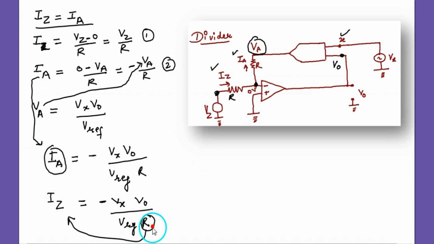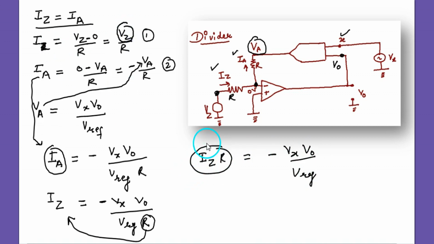Taking this R to this side, Iz into R becomes the voltage. And Iz into R is Vz. So Vz equals this.